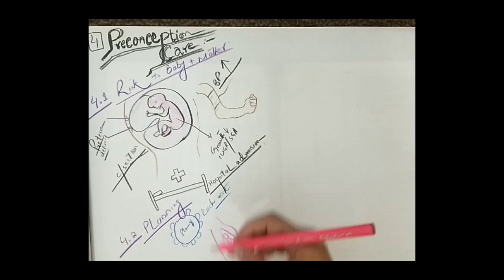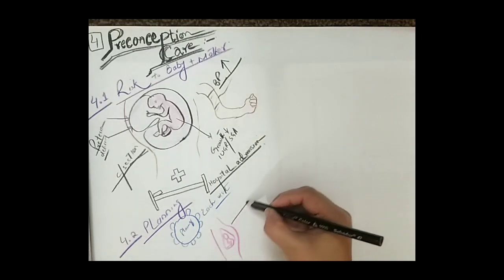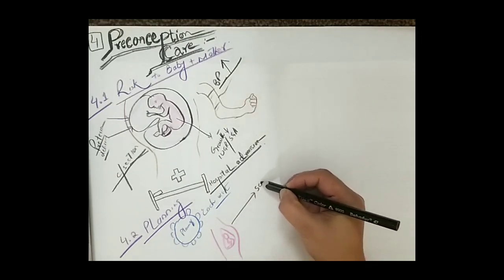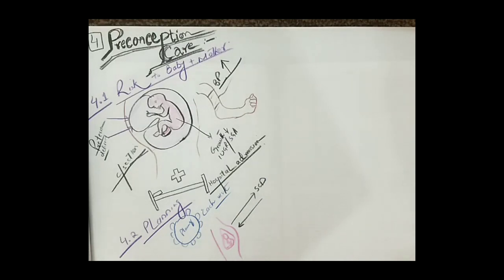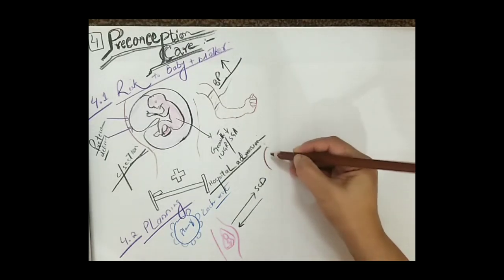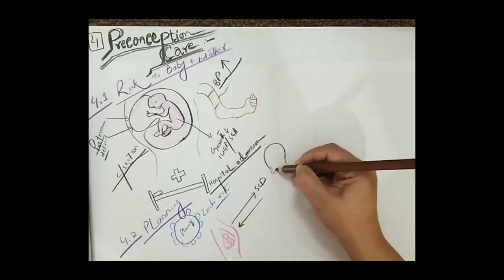And we have to tell the woman how this pregnancy affects sickle cell disease and how sickle cell disease affects pregnancy. So these arrows show that both affect each other.